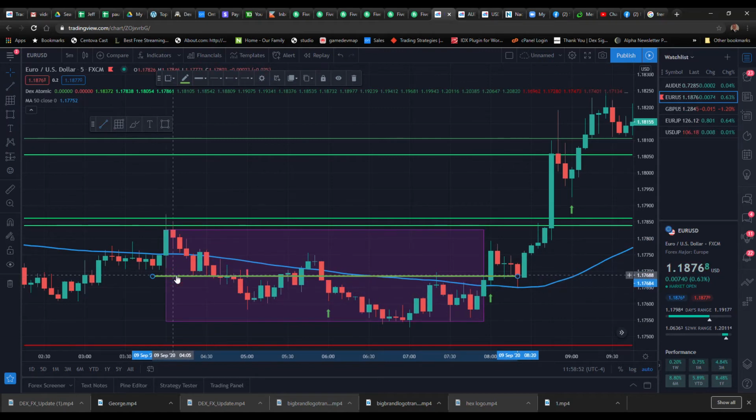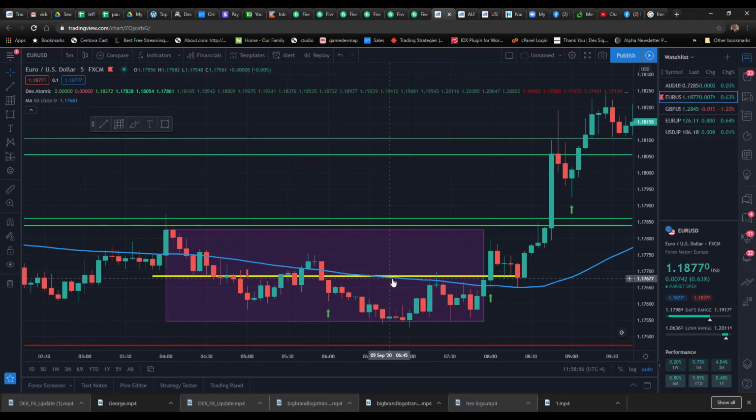I like yellow on these lines because they stand out. You can see immediately that the line I've drawn is at the middle of this box, which we refer to as the mean.